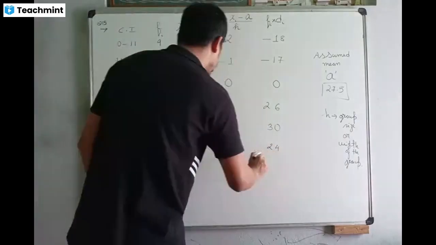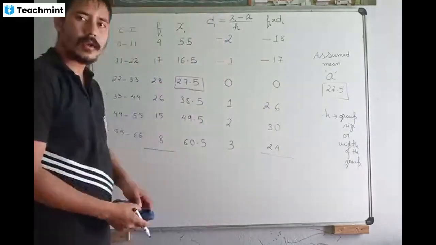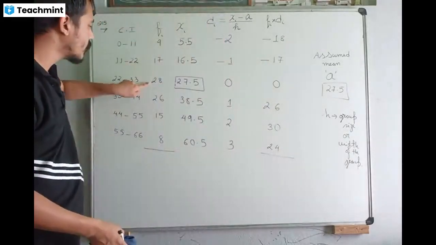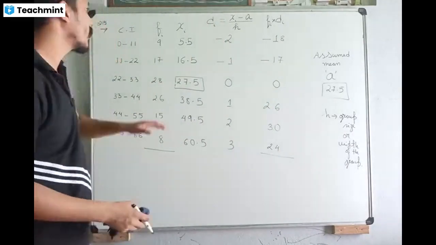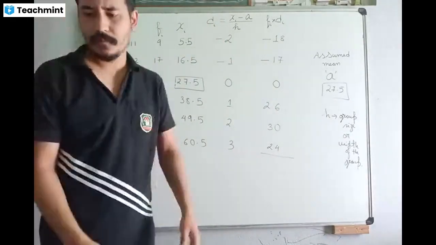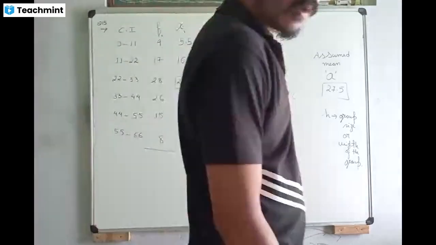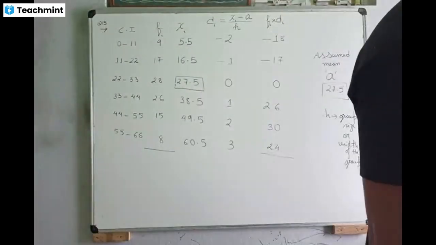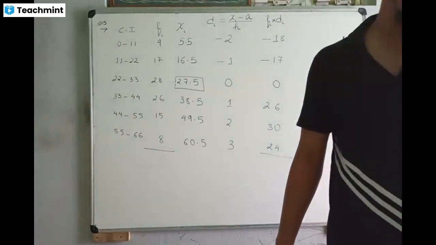And then what do you do? Very simple. First of all, find the number of given items. Here, how many items are given? We can just simply add them up. Here the number of given items is 103.